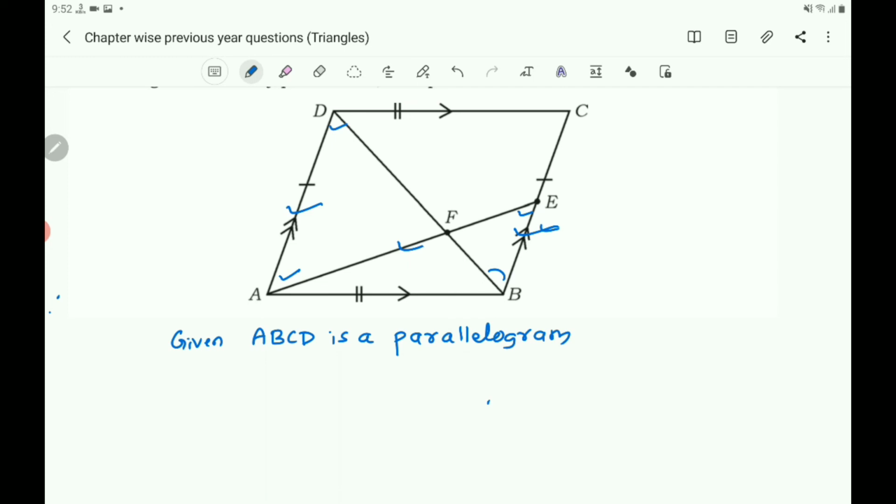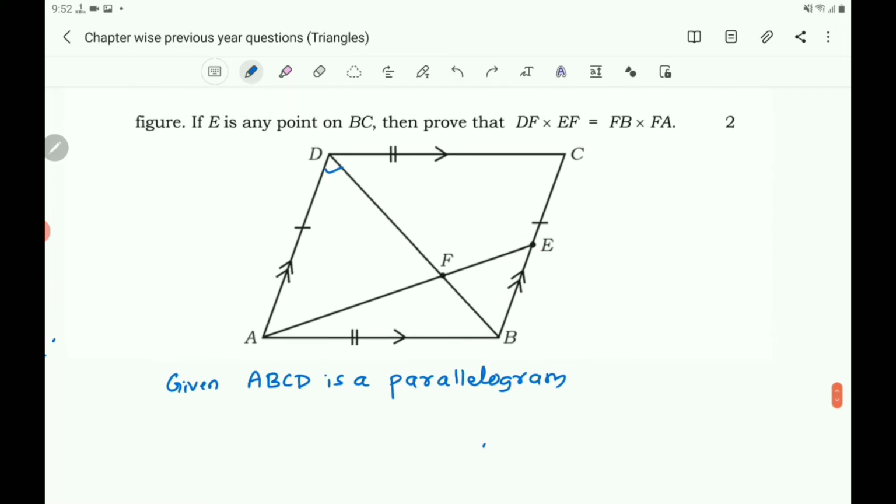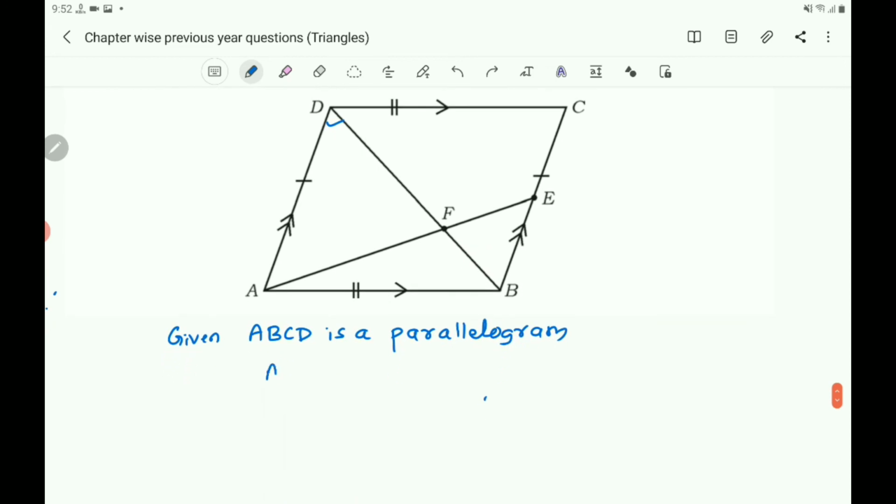One more pair of equal angles you can have, the vertically opposite angles. So you can have three pairs of equal angles, then you can show that these two triangles are similar. Therefore you write here given ABCD is a parallelogram, so AD parallel to BC and AB parallel to CD.